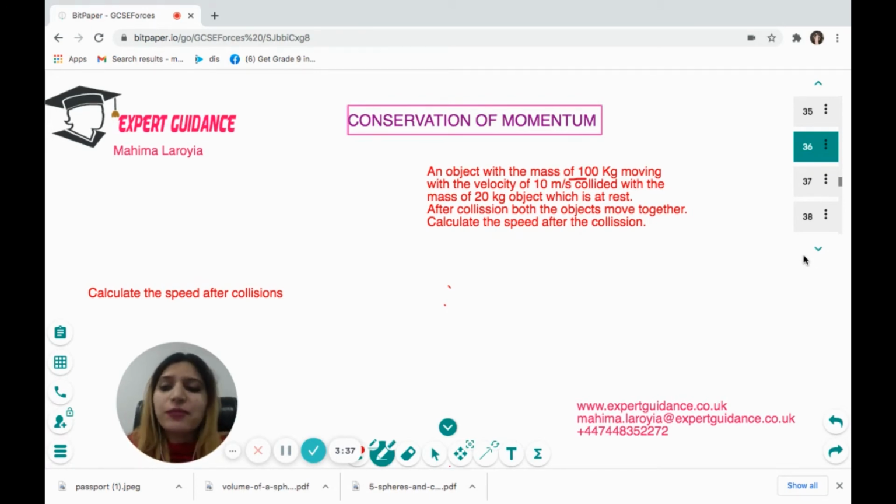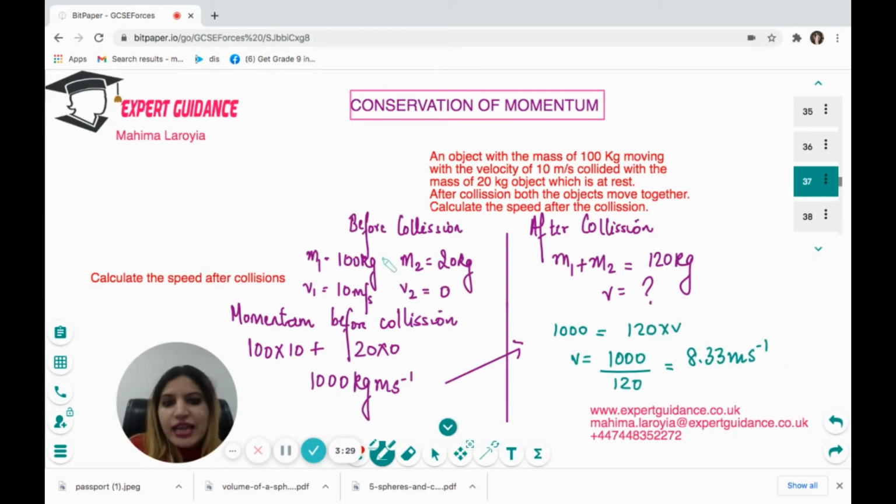Work out the momentum of both bodies before the collision. That should be equal to the momentum after the collision, and you can use that to work out the speed. Now let us look at it. Before the collision, the mass of object 1 is 100 kg and velocity is 10, so the momentum of body 1 is 100 times 10. For the other body, since it is at rest, the momentum is 0. So the total momentum before the collision is 1000 kilogram meters per second. After the collision, they both stick together and move together.